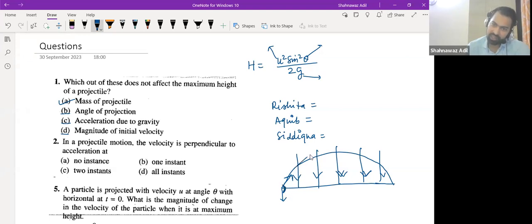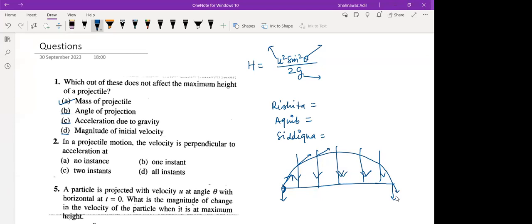And at this point, this is the velocity, and at this point, this is the velocity. At how many instants is the velocity perpendicular? At this point, this is the velocity, right?